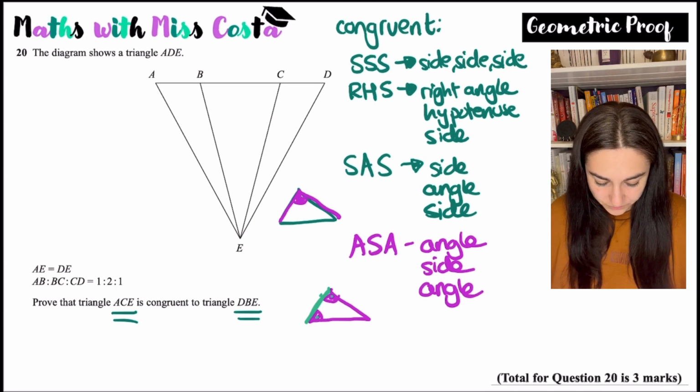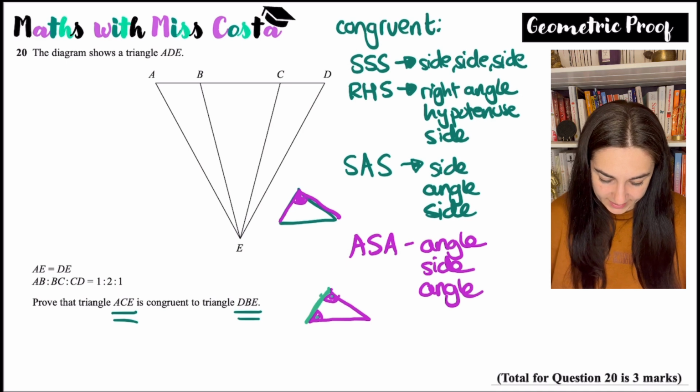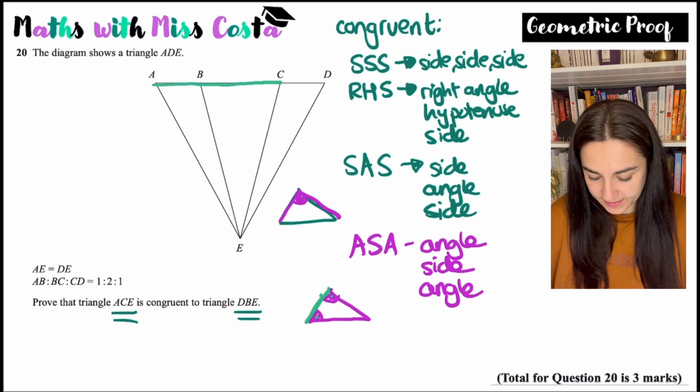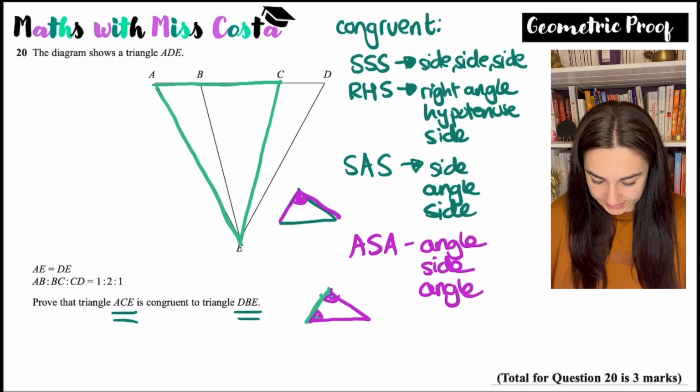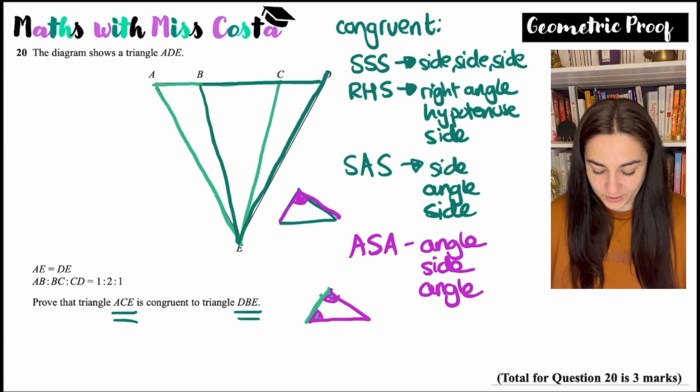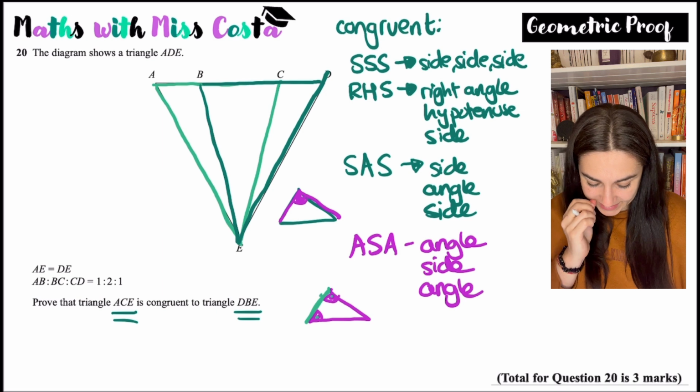Now I'm trying to prove that ACE, so this triangle here, is congruent to triangle DBE, so this one here. So do they have anything that is common?